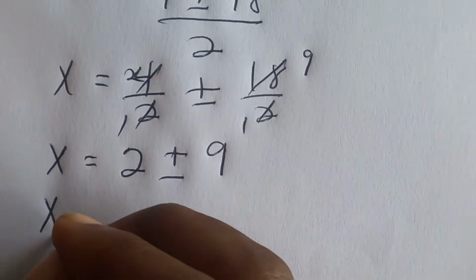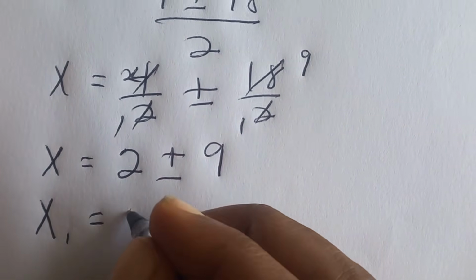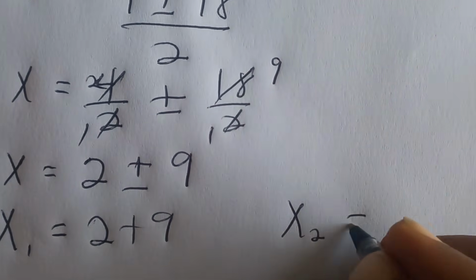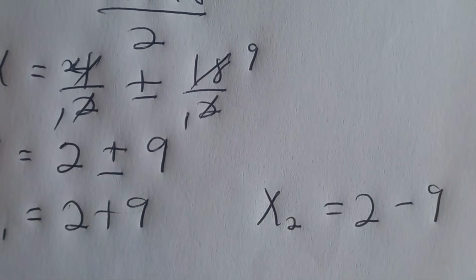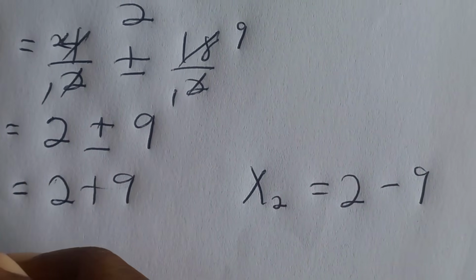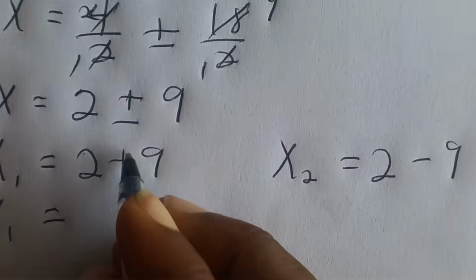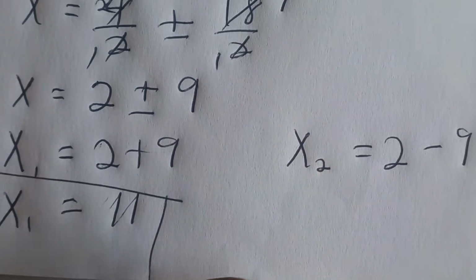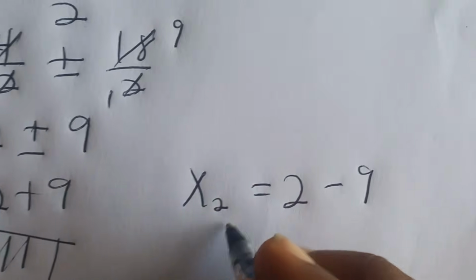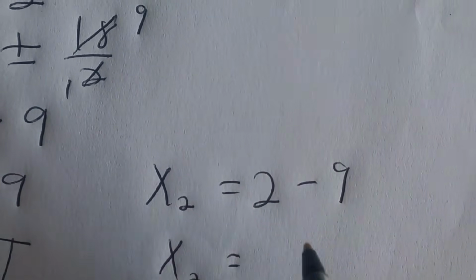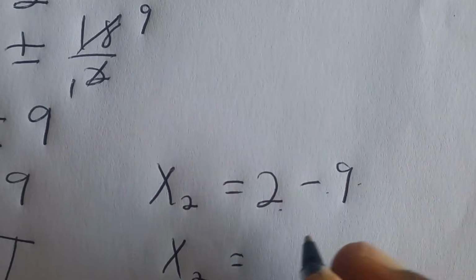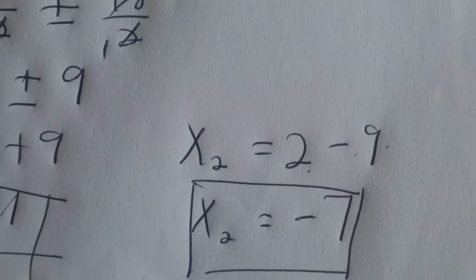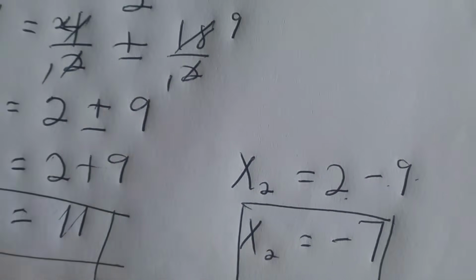So our x1 is equal to 2 plus 9, and our x2 is equal to 2 minus 9. So x1 is equal to 2 plus 9 is 11, and then x2 is equal to 2 minus 9 is negative 7. So this is our answer for the second method.